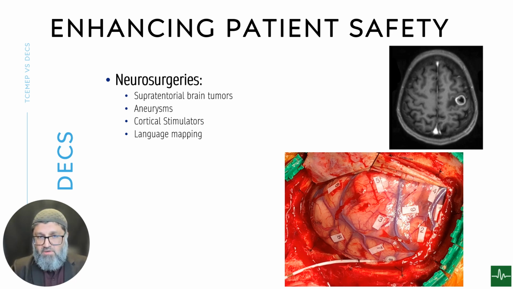There is a risk of stimulating below the surgical site, and if the motor fibers are damaged, you're still going to get responses because there's no blockage between the activation and the recording muscle. So for supratentorial surgeries, only direct electrical cortical stimulation and no TCeMEP, and for infratentorial you can do TCeMEP. Aneurysms, cortical stimulator implant, language mapping, all these we do with direct cortical stimulation.